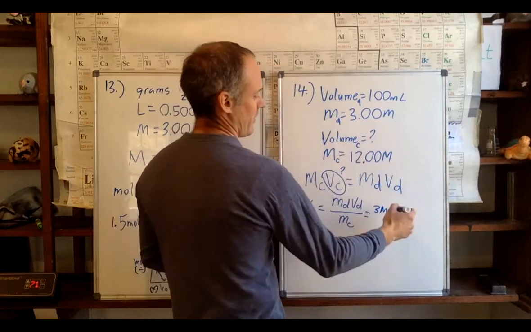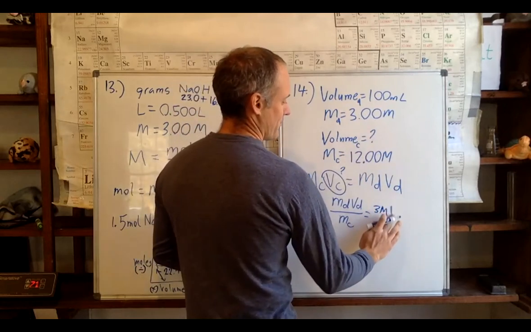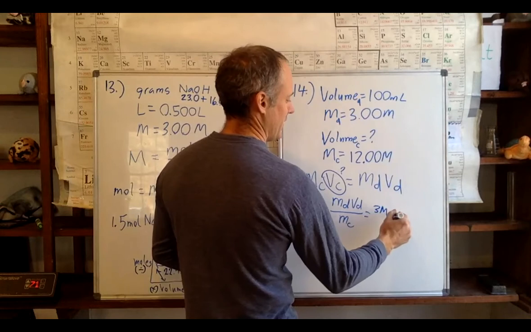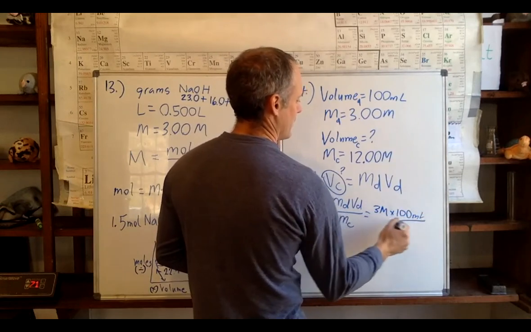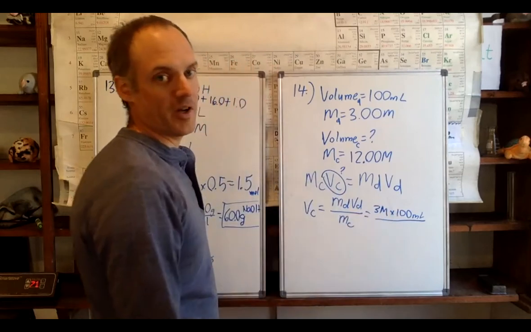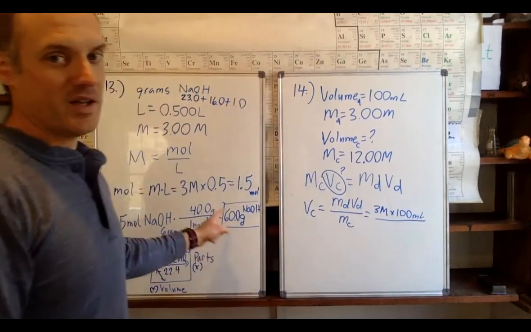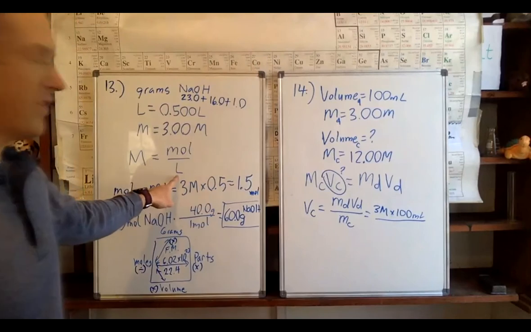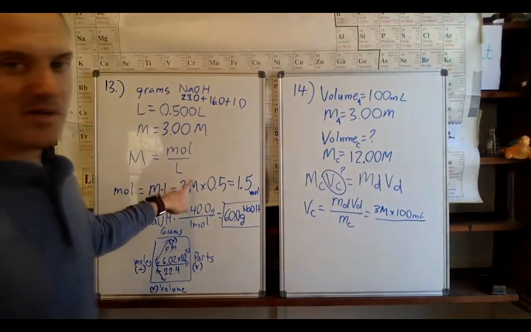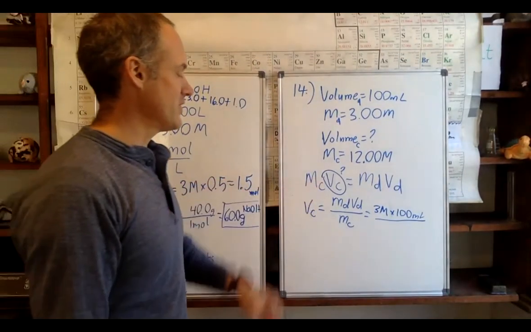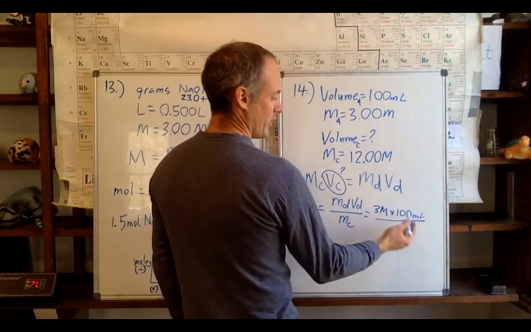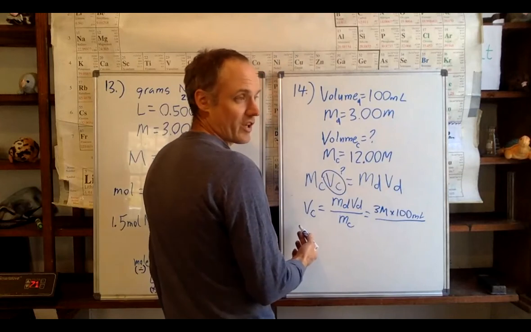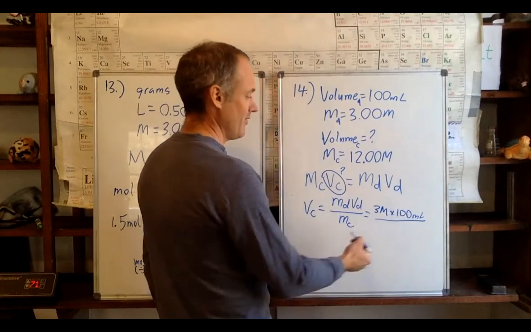Volume dilute is 100 milliliters. So you have to multiply that. This one can be in milliliters, by the way. This one can't. This one has to be specifically in liters. So sometimes you have to do a conversion, but in this one, it's just straightforward. If you keep it in milliliters, then your answer actually comes out in milliliters, which might be good.